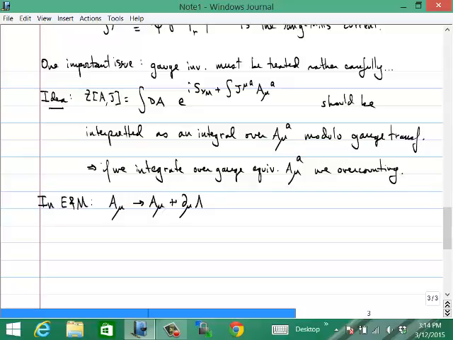It just changes by a total derivative. Or if you want to work this out in momentum space, if I denote by Ã_μ the Fourier transformed gauge field, and by λ̃ the Fourier transformed gauge parameter, then you're just shifting Ã_μ by k_μ times λ̃.